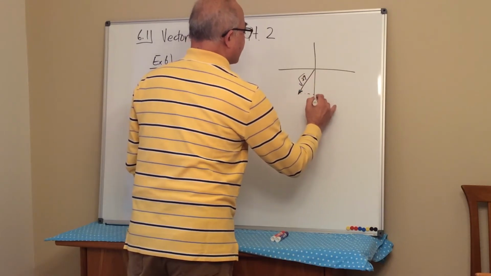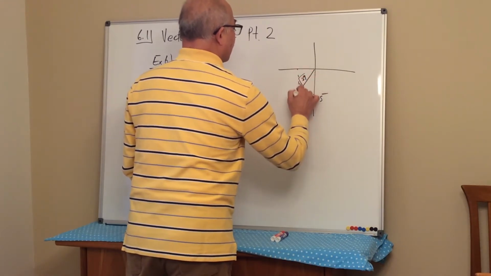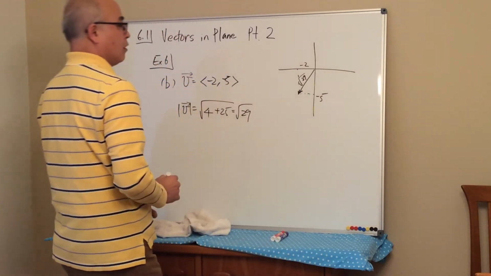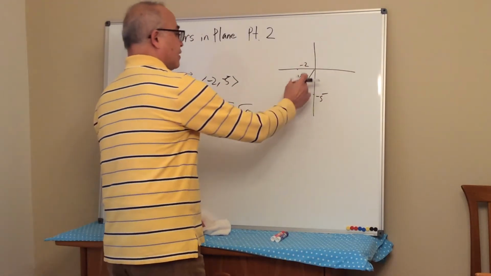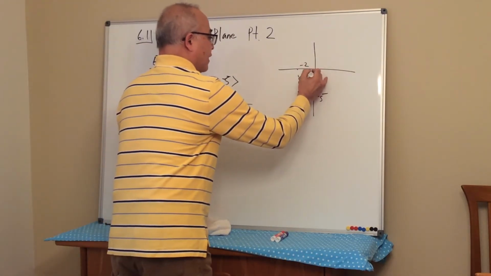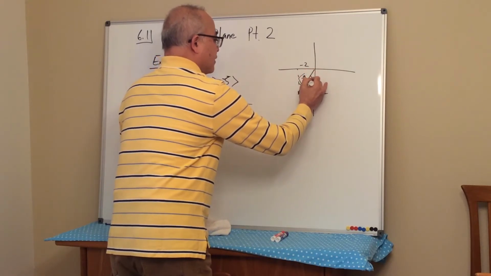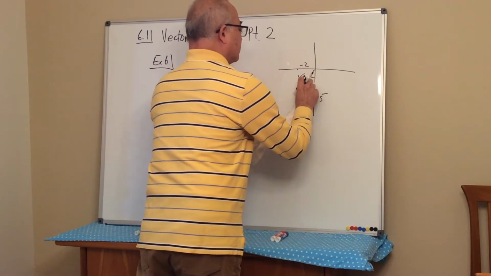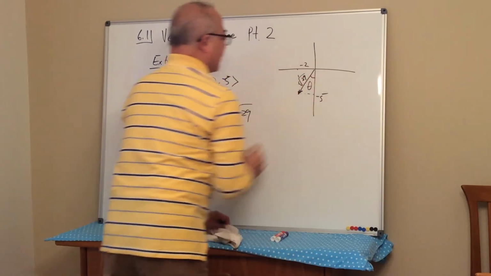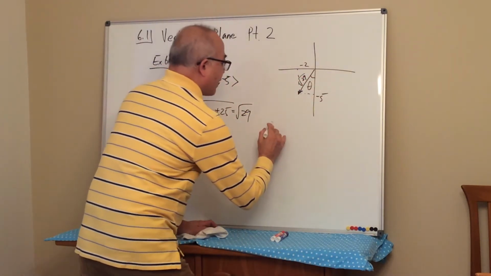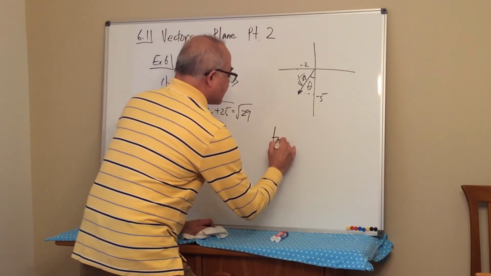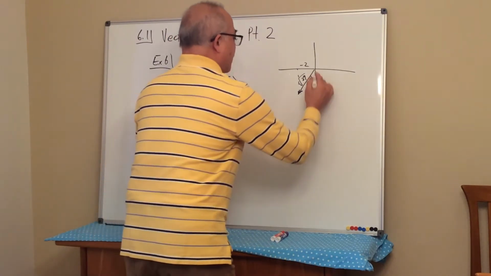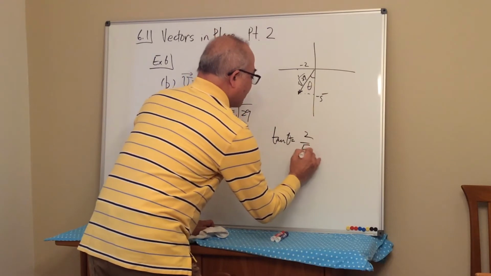I know this guy is negative 5. This guy is negative 2. So if I look at this angle, we'll call this angle theta. So if this angle is theta, what do I have for theta? I have tangent of theta is equal to 2 over 5.